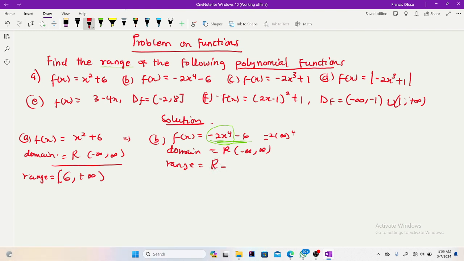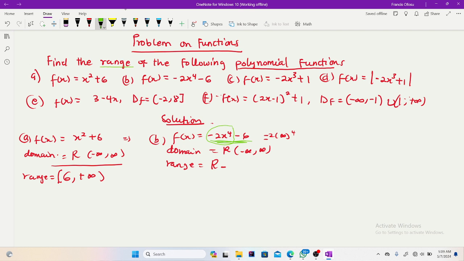So if you want to write it in interval form, you say that the highest this function can go will be 0. The highest this function can go, because it's going to yield this negative 6, and when I put 0 here, this whole thing becomes 0 and I have negative 6.